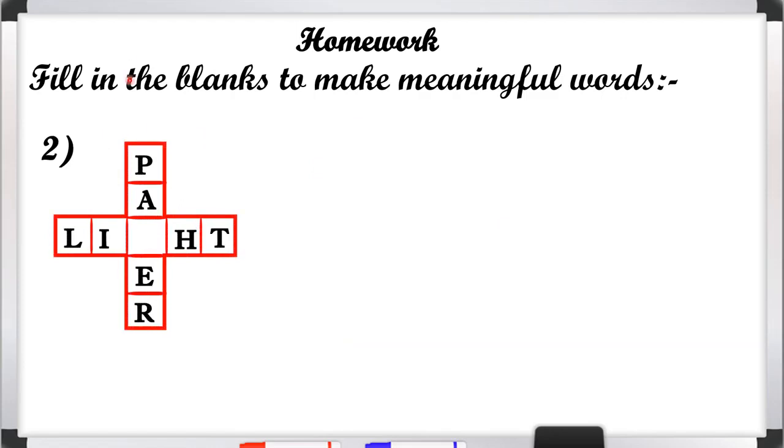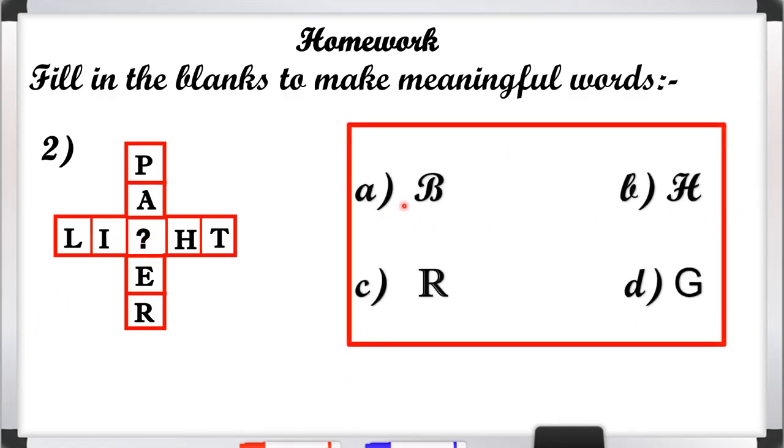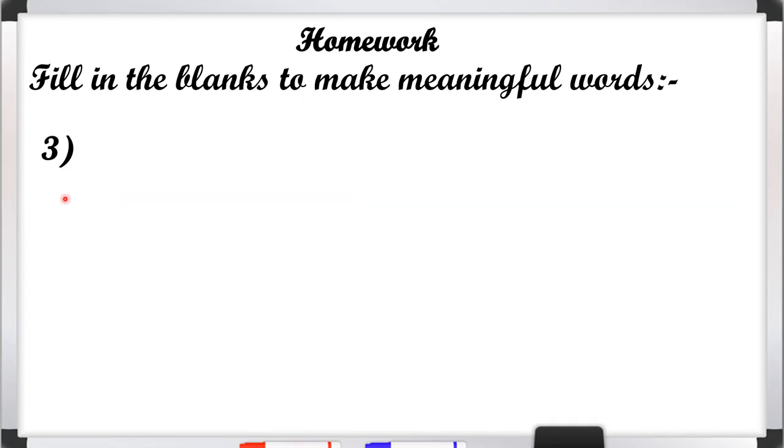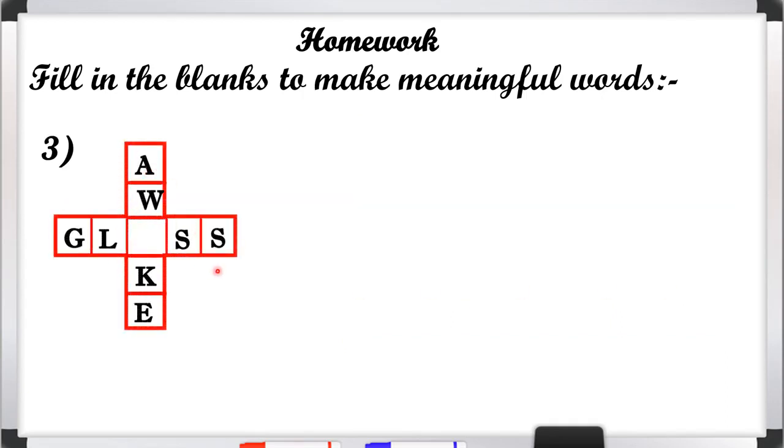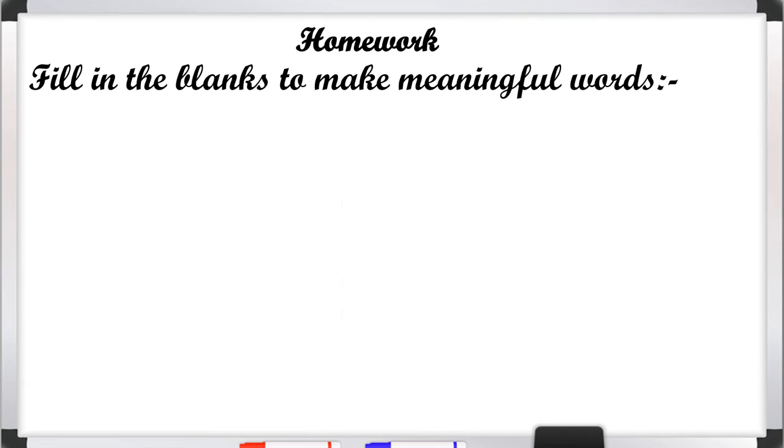Now question number 2. Here again we have two words, okay, with one blank. So here question mark, and these are the options. Option number A, B, B, H, C, R, D, G. Now in question number 3, again two words are given and question mark. You have to fill the correct letter to make both words meaningful. These are the options.